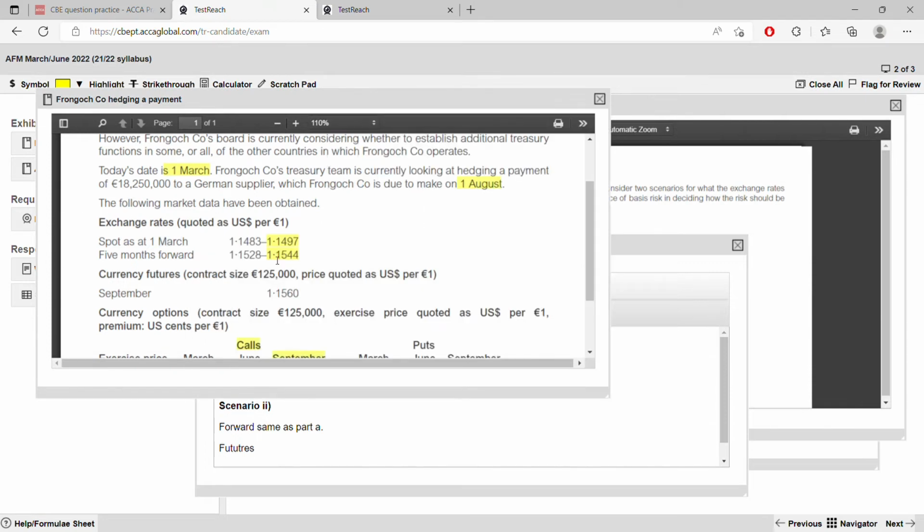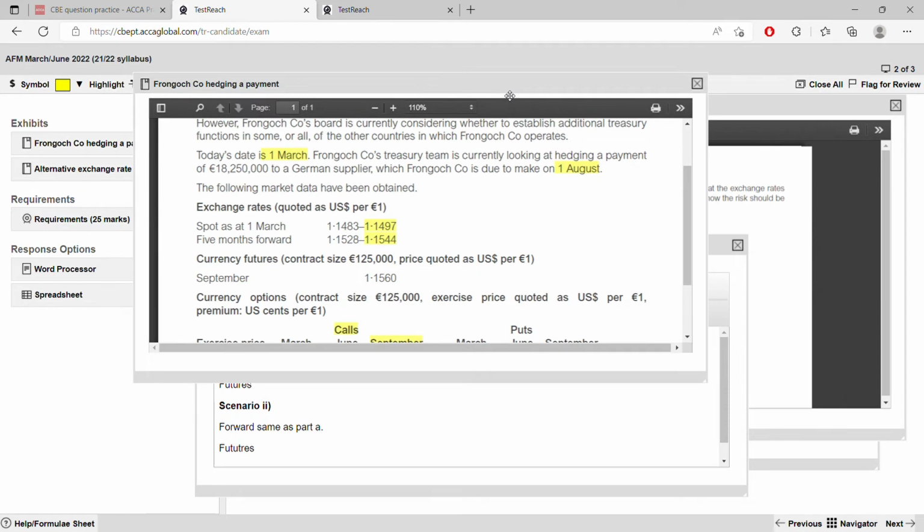First, find out the basis risk of both. If you see the basis risk, future minus the spot, okay? This 1560 minus the spot.